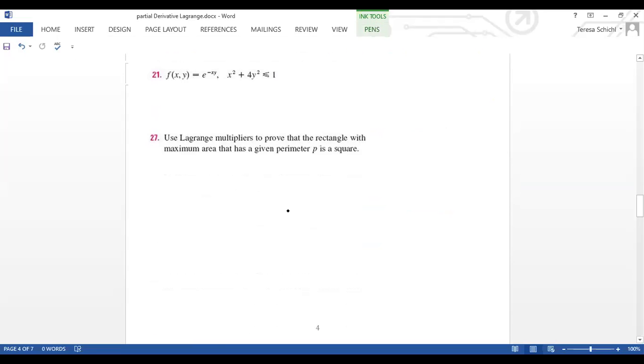Now let's take a look at number 27 here. They said use the Lagrange multiplier to prove that a rectangle with the maximum area for a given perimeter is a square. For any rectangle, this is x and y.